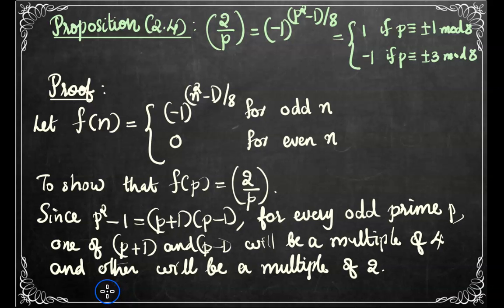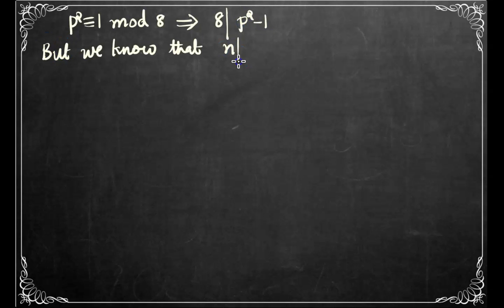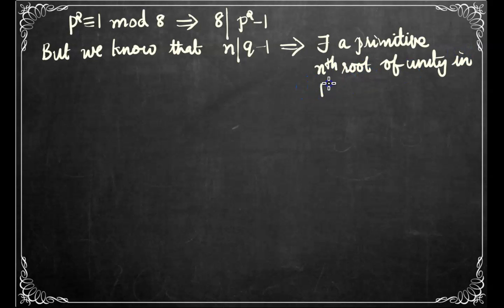Hence, we can write p²-1 congruent to 0 modulo 8, or we can express it as p² congruent to 1 modulo 8. p² congruent to 1 modulo 8 implies that 8 divides p²-1, but we know that n divides q-1 implies that there exists a primitive nth root of unity in F_q.